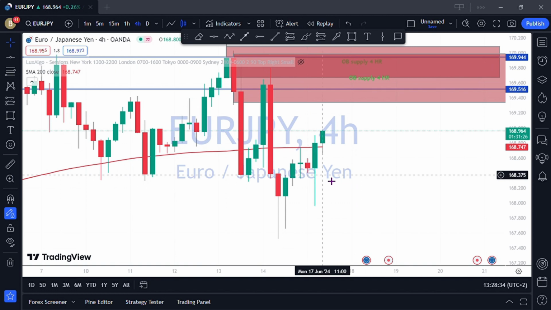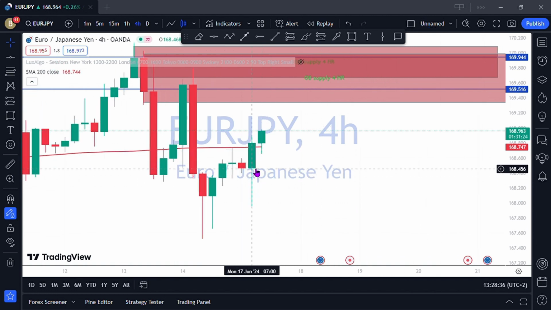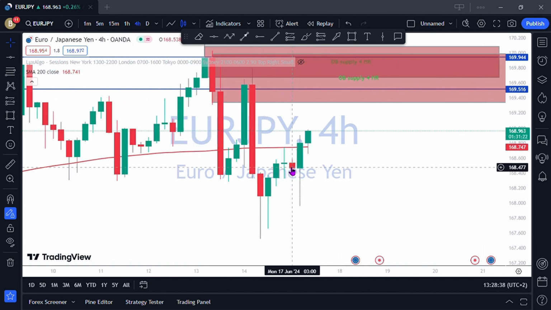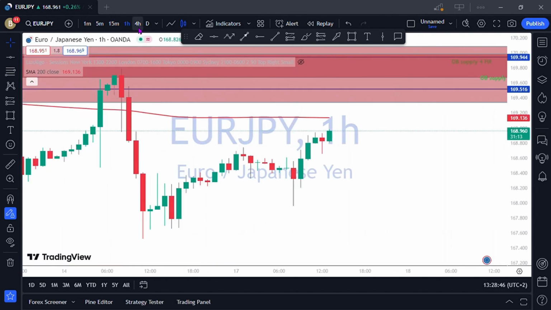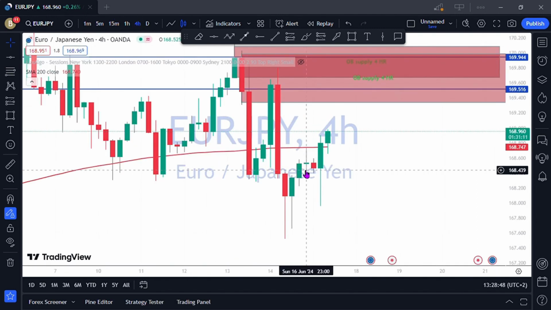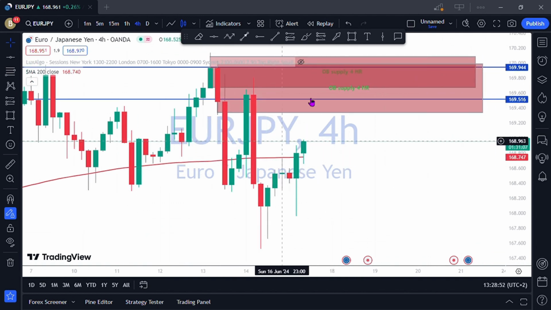Right here, as you can see, we have an engulfing candlestick which engulfed the previous candlestick in the 4 hour. And then price, since we are expecting it to come into this zone, to the order block, and show some rejection weakness.